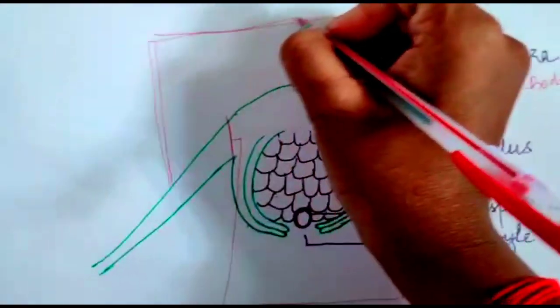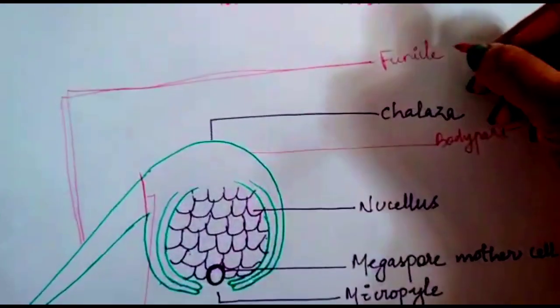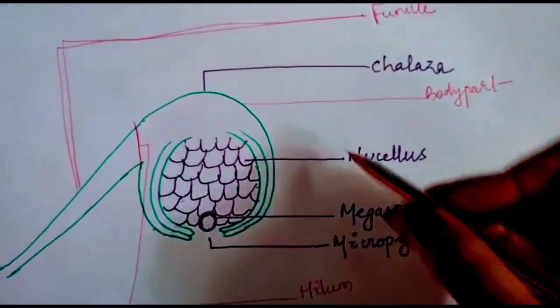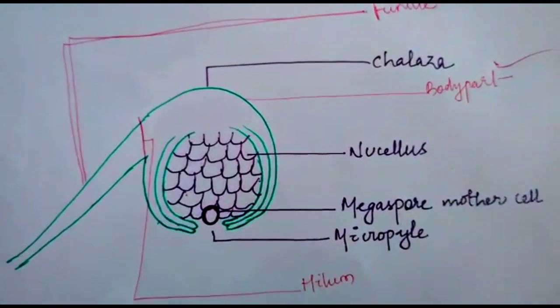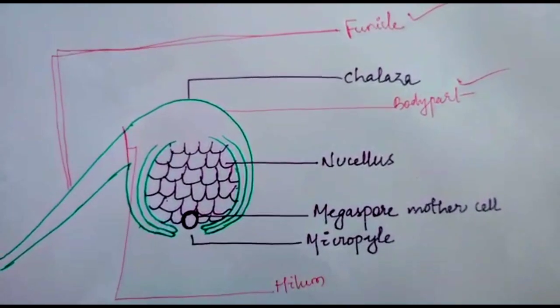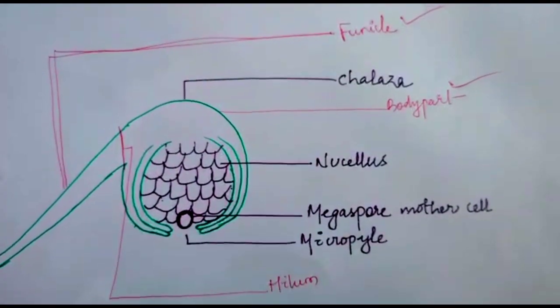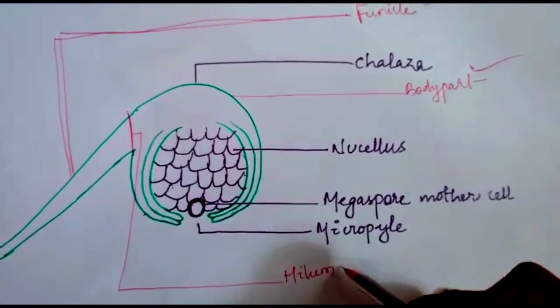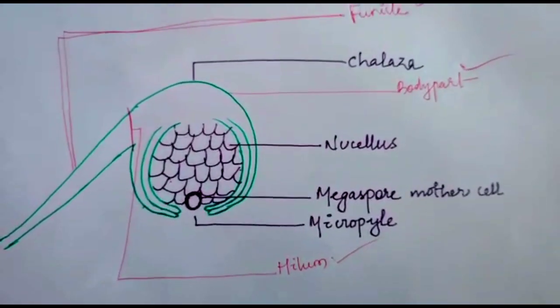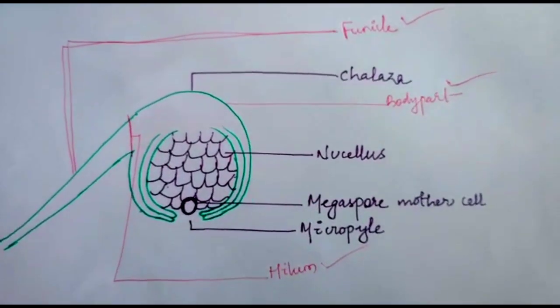This is the stalk part which is called funicle, and this is the body part. The point of attachment of funicle to the body part is known as hilum. We have already discussed this in the previous class.